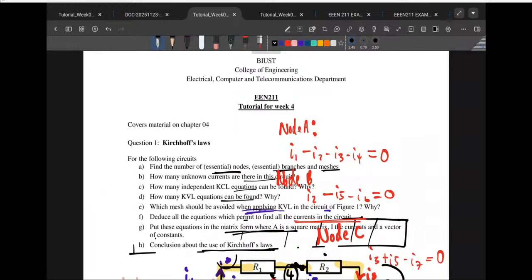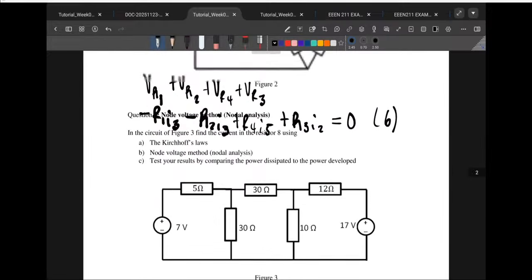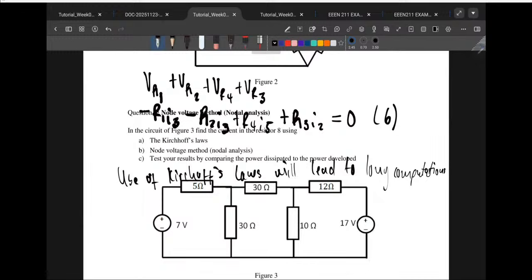So write: use of Kirchhoff's laws will lead to long computations as there are many equations. That is what you say.